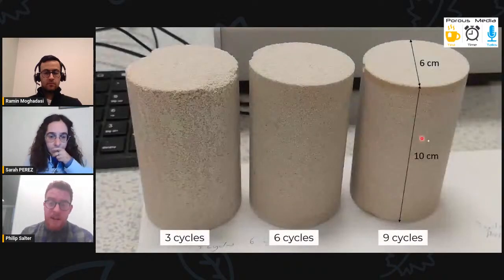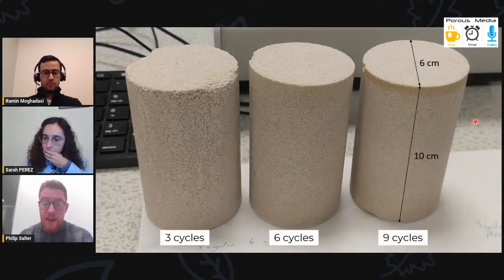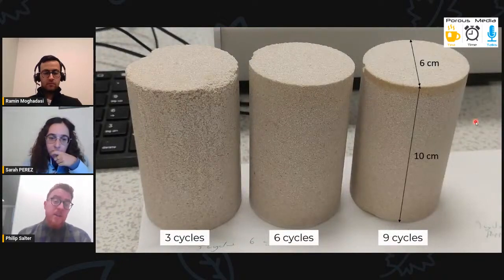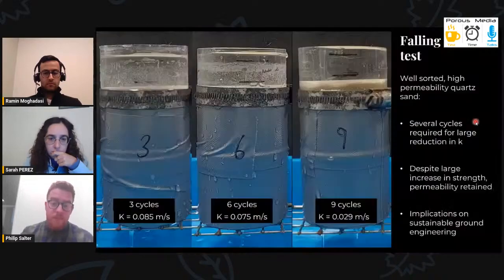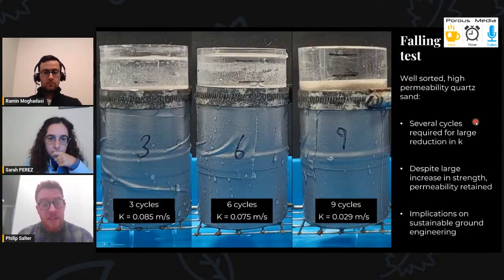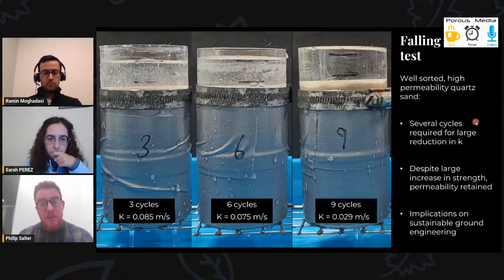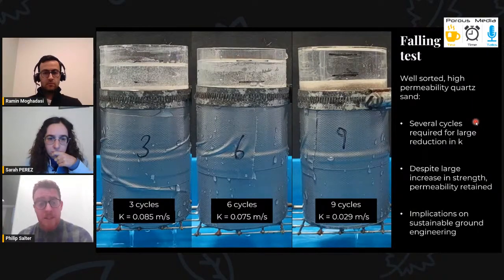So here are 3 larger samples prepared using that method. As you can see on the left, after 3 cycles, we already have quite a high degree of solidification. One of the other tests we performed on these samples was a falling head permeability test.